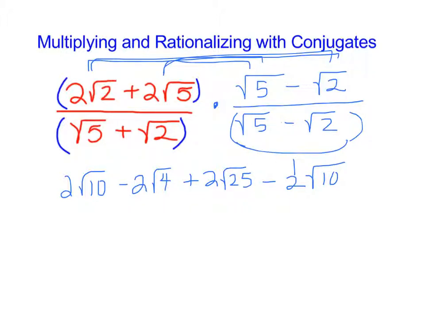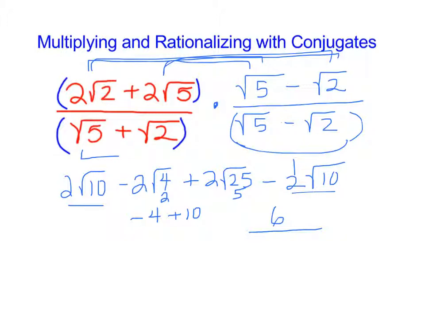Okay, so you notice then that on the top, and I'm just working with the top right now, I have 2 square root of 10 minus 2 square root of 10. And then this is 2, so this is minus 4, this is 5, plus 10. So on the top, I end up with 6.